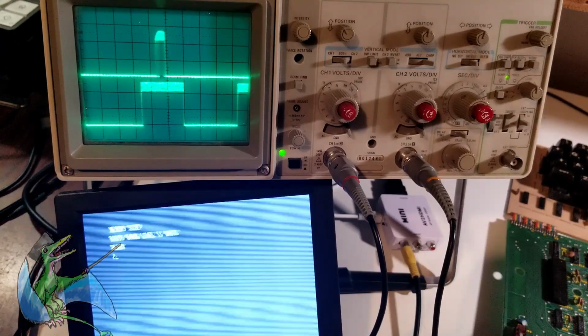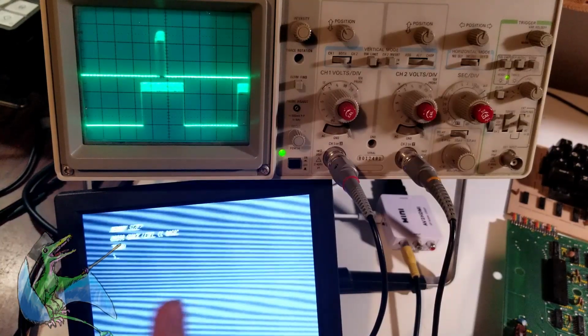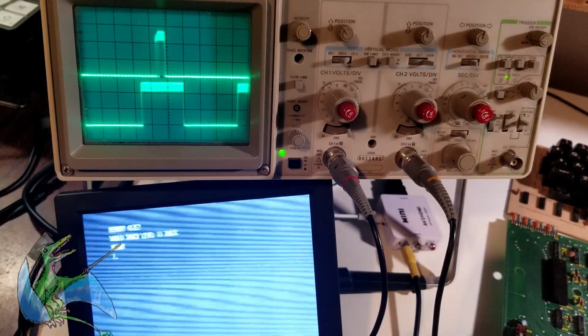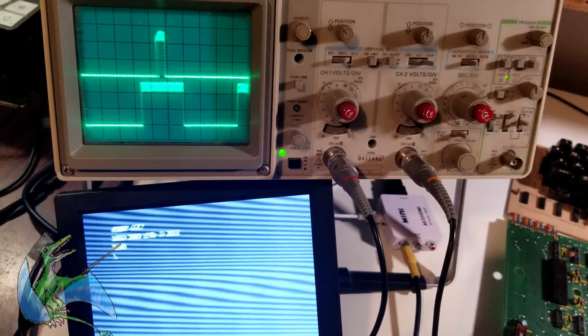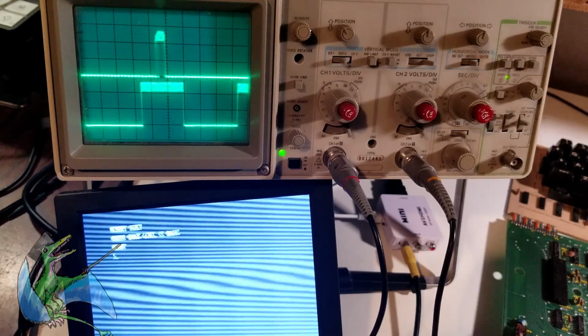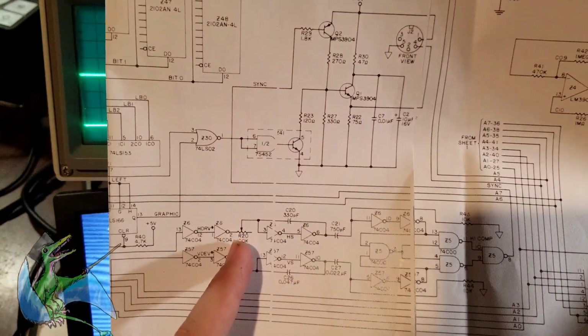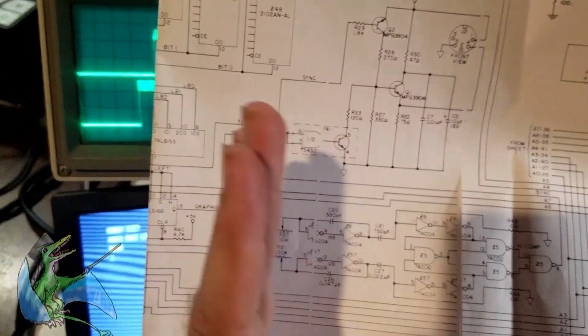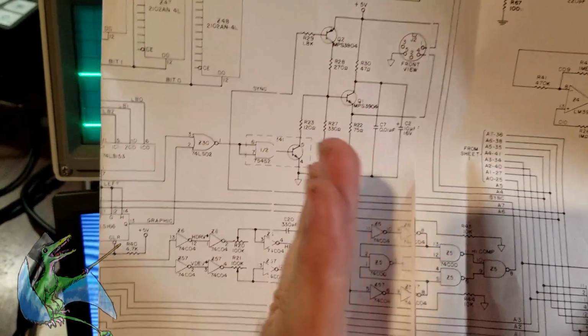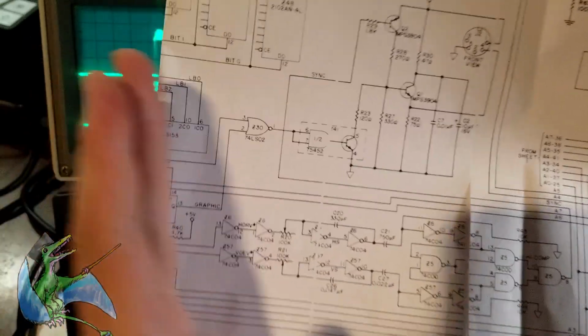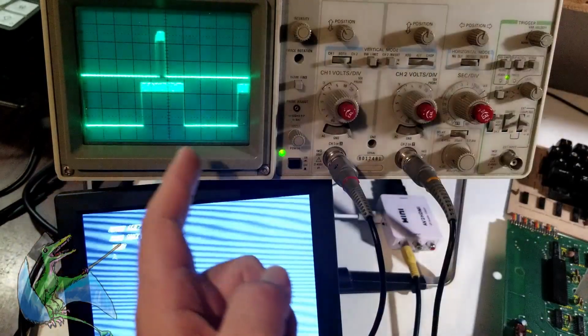One thing I noticed straight away when I started playing with this is that there's this variable resistor right here, which is essentially a horizontal positioning resistor that chooses where a line starts on the screen.